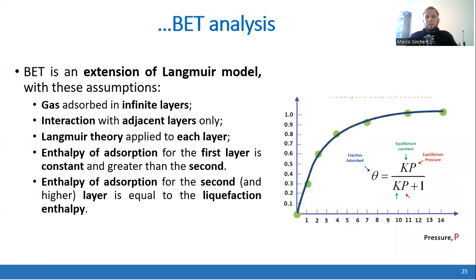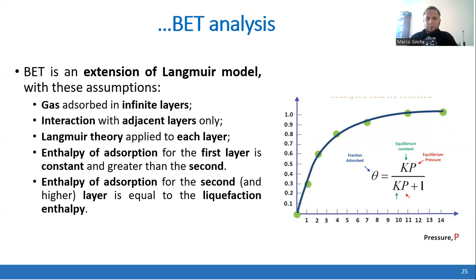Regarding the chemical parameters, BET is an extension of the Langmuir model, which has all of these assumptions. For example, that infinite layers of the gas are adsorbed on the surface of the material. The interactions are only with the adjacent layers. The Langmuir theory is applied to each of the layers.